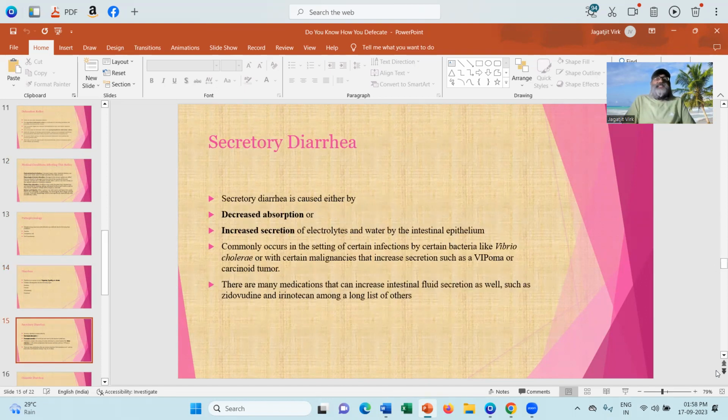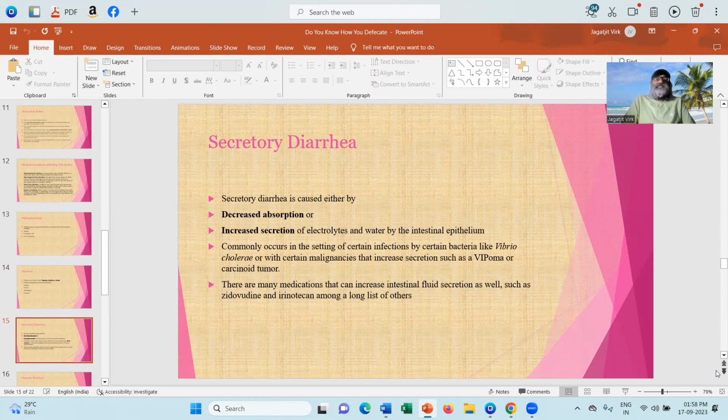Secretory diarrhea. Secretory diarrhea is caused either by decreased absorption of the water in the colon or increased secretion of electrolytes and water by the intestinal epithelium.